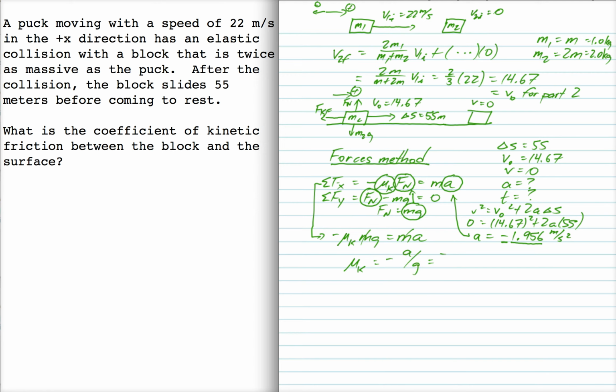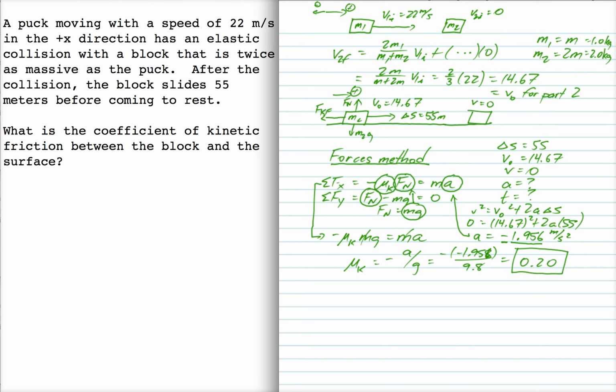So that's minus negative 1.956 over 9.8, which is 0.2. The sign works out to be positive, right? Because you have two minuses. Remember, g is just 9.8. The acceleration is negative 1.956, so it works out to be 0.2.